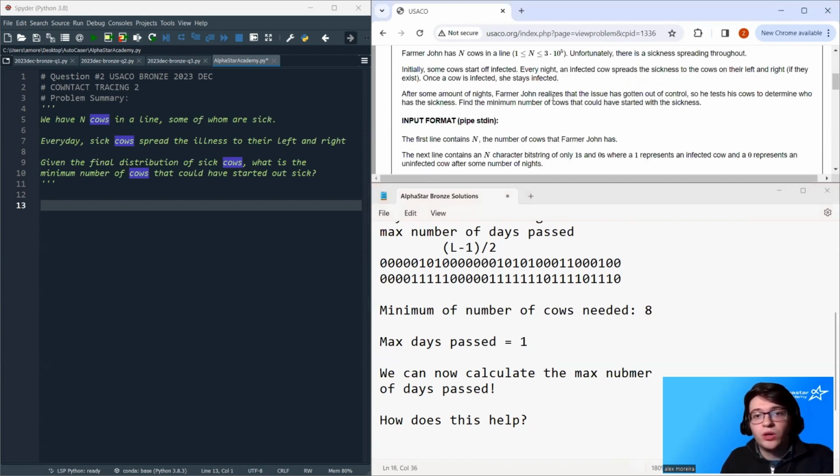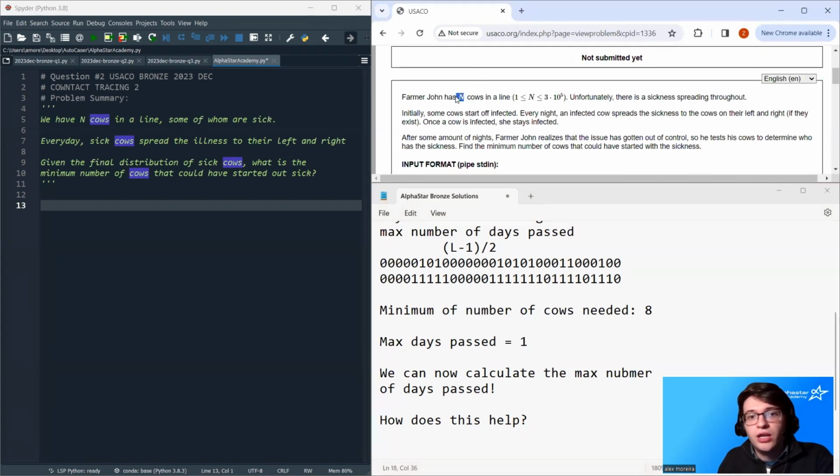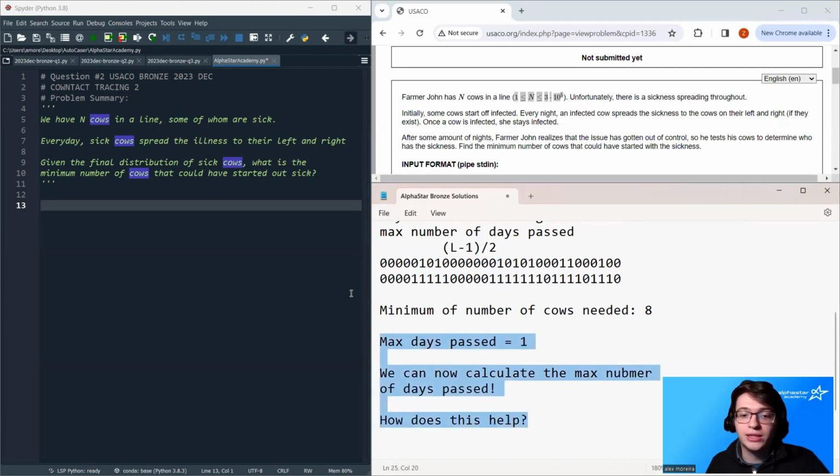But one thing that we're going to have to worry about with this problem is that the number of cows here is quite large, right? It's up to 300,000. Because the number of cows is quite large, we need to be able to calculate the minimum number of cows needed quite quickly. So we want to come up with a formula that does the following.